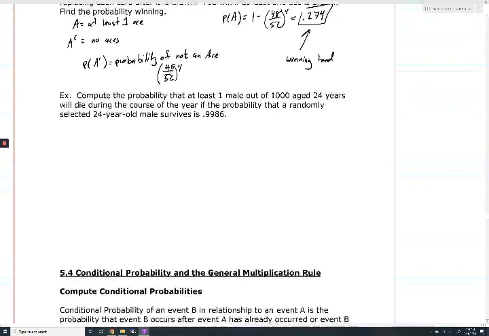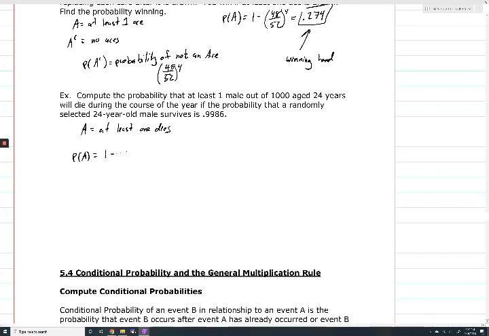All right. Last one, compute the probability that at least 1 out of 1,000 24-year-olds will die. So again, the event we're looking at is that at least one of them dies, which means the probability of A is equal to 1 minus the probability of the complement.